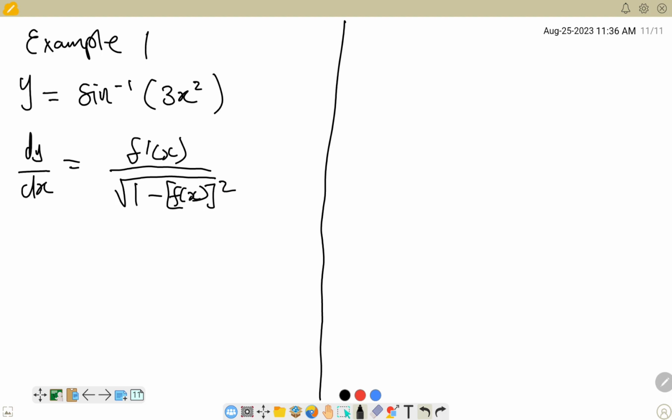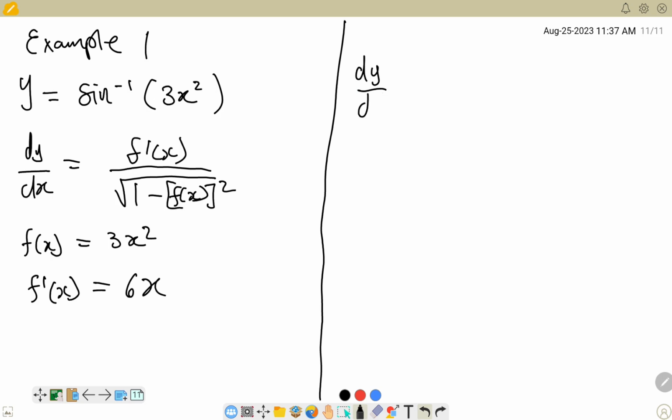Then the next step, you check what is your f of x. Your f of x is 3x squared. Then you differentiate your f of x. When we differentiate 3x squared, we get 6x. Then lastly, we apply the formula. Now our dy dx becomes, our f prime of x is 6x.